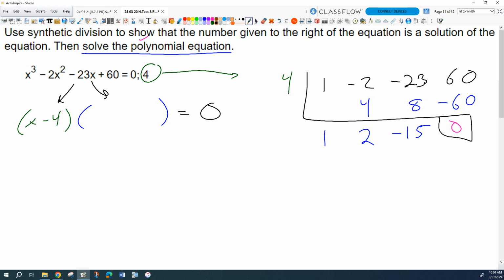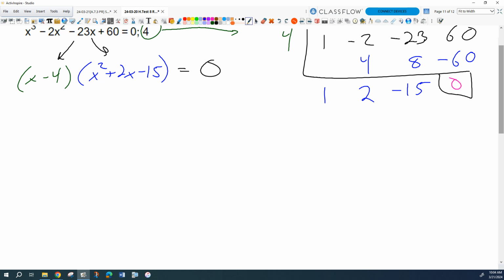What's that one? X squared plus 2x. Now we're getting somewhere, because now we've got a basic trinomial that's easily factored. How does that factor? X plus 5, x minus 3.